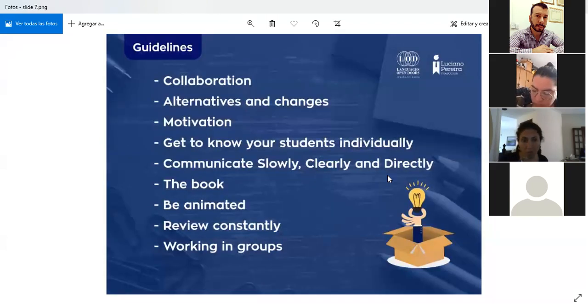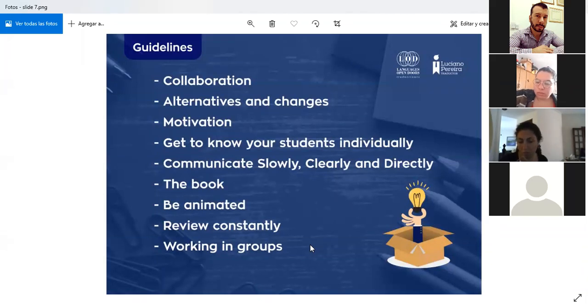Let's check this out. So, point number 1, we have collaboration, which is related with the last point, working in groups. This could be interesting for you to use in the classroom, to present to the student different activities and tasks for the student to work in pairs, to work in groups, okay?